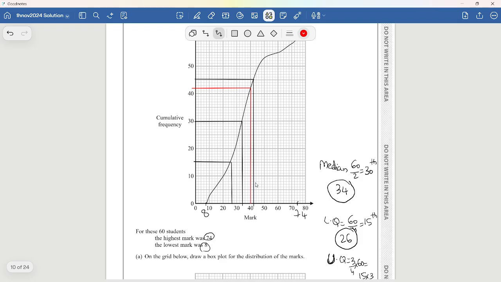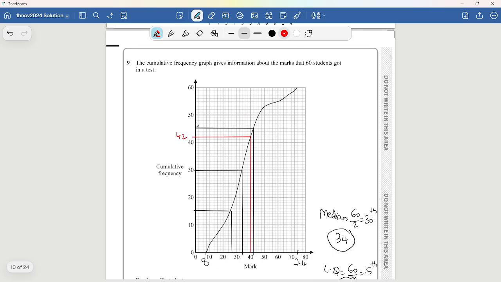Am I accurate here? So 40, 41, 40. Yeah, so this is at 42. So to get how many students scored above 40, you have to find the range from 60 to 42.